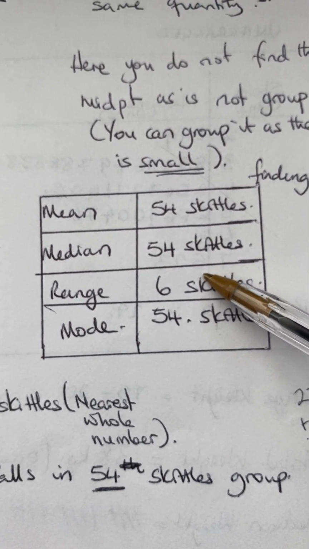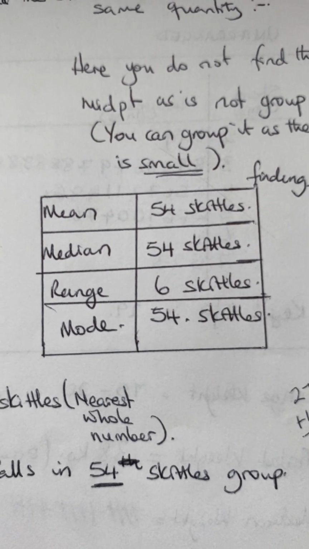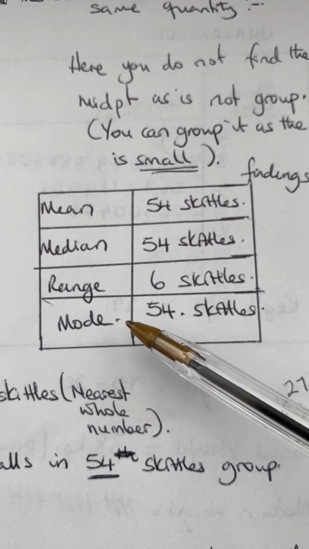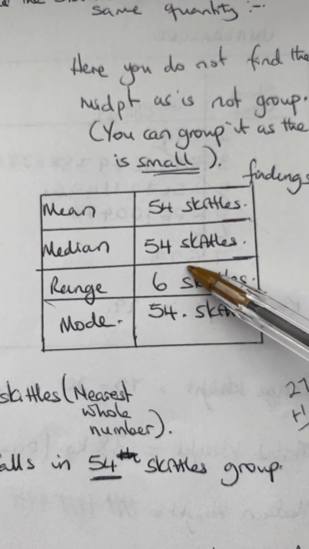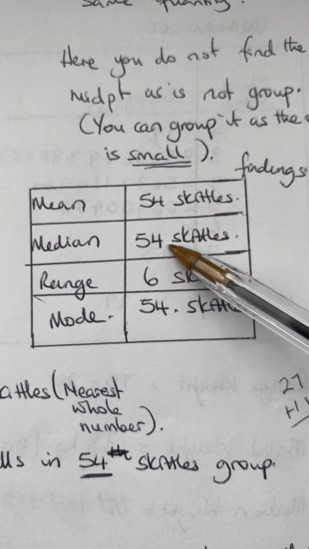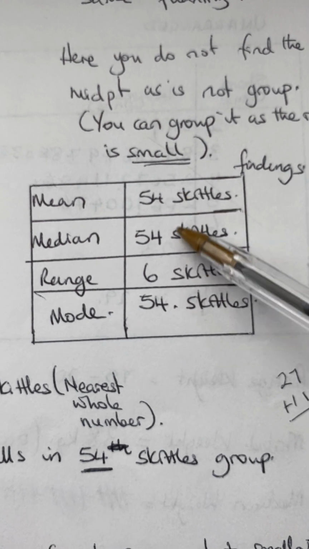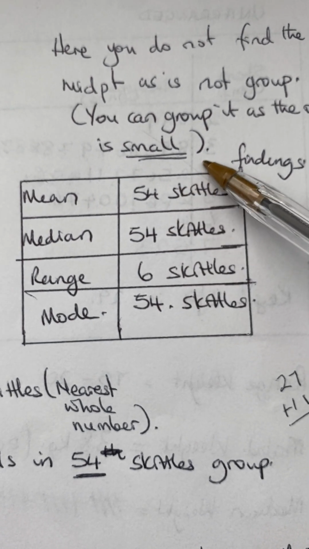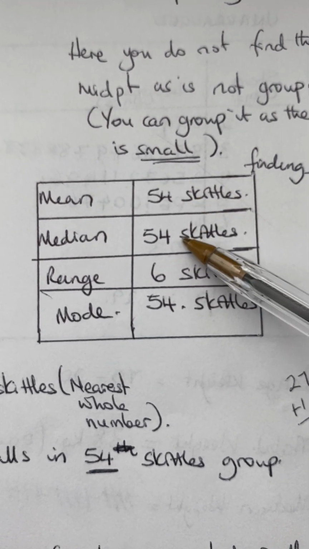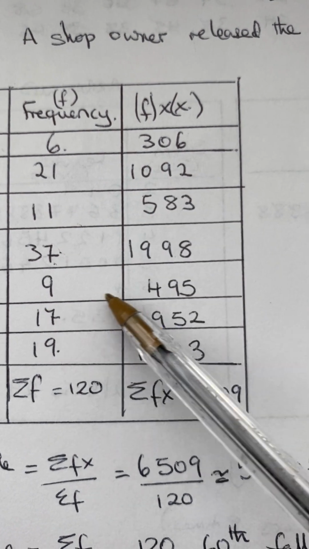Then do the median and do the mean last, because I can find the mode and the range without doing these two. So I'll rather start from the one that I can easily do first, and then go towards the difficult one, because this involves a bit of calculations.